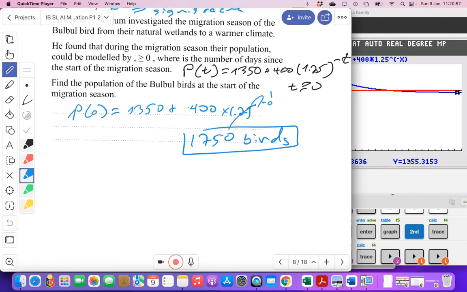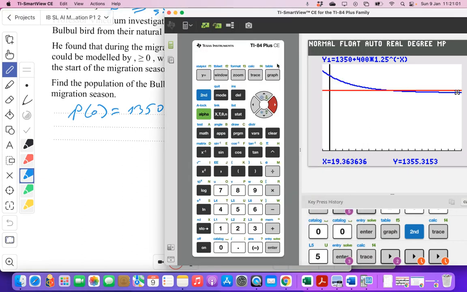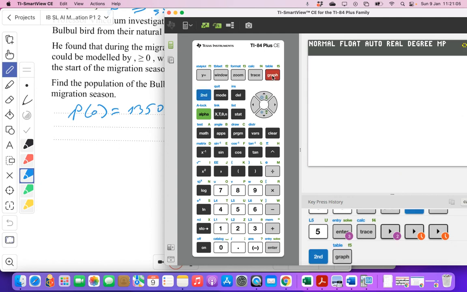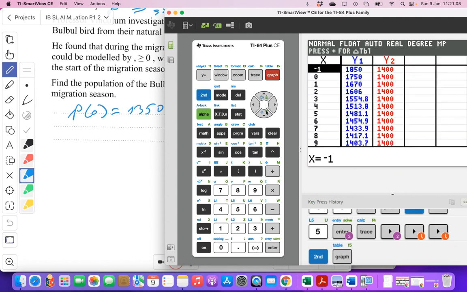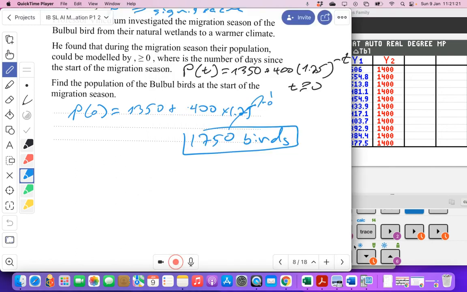So you can see that we're getting closer and closer to a value of 1350. Again, the table is another way of doing this, but it's a little bit clumsy to go way out in time on the table. So the answer is 1350 for the horizontal asymptote.